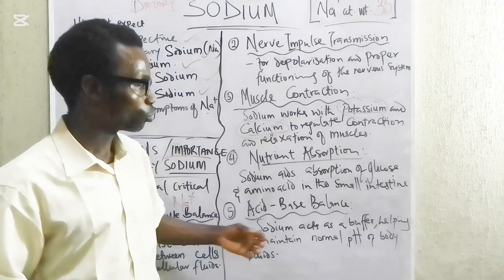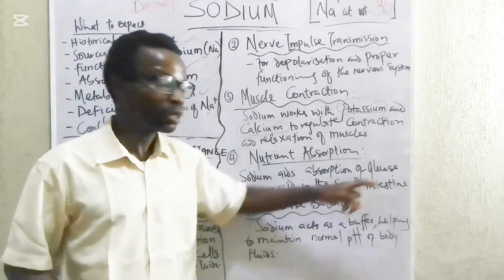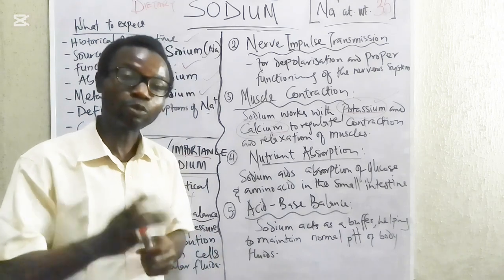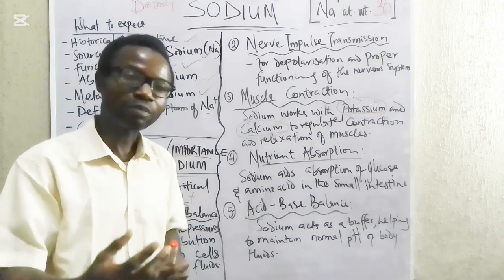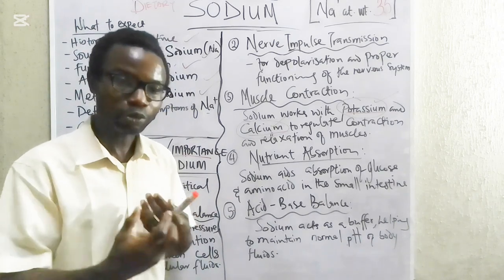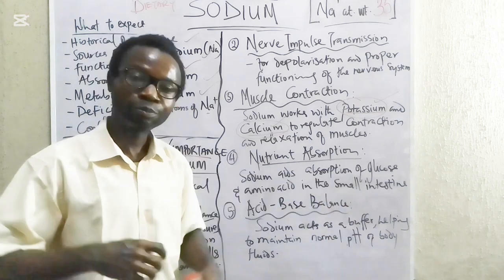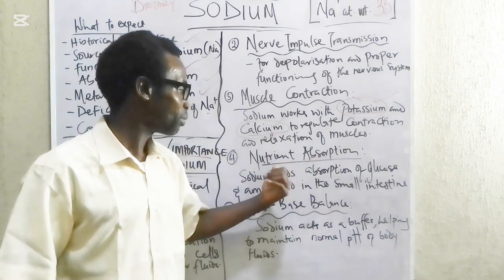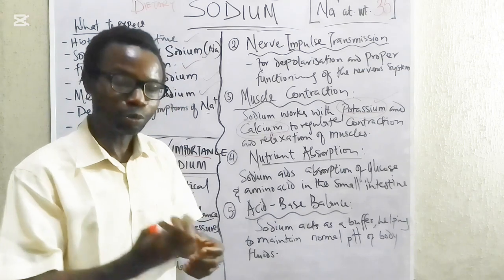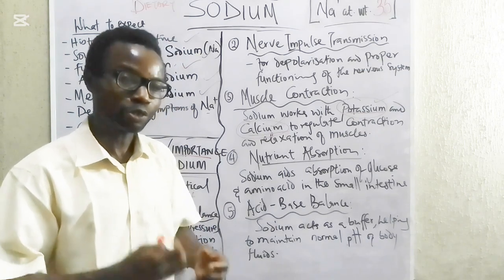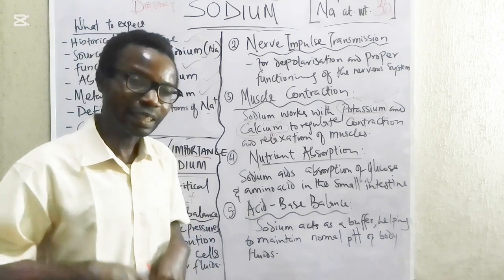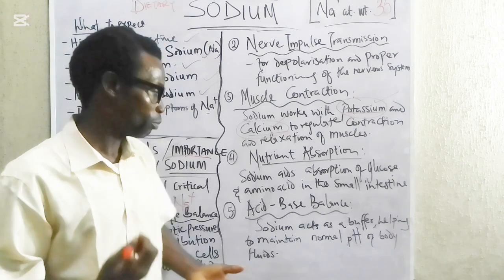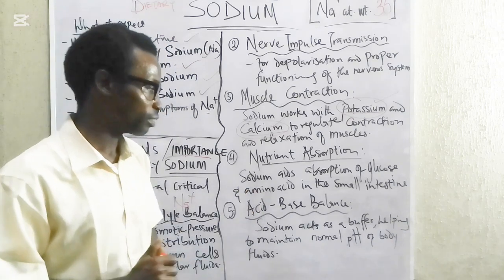Digestion of glucose starts in the mouth, however the absorption starts in the duodenum and jejunum. So the presence of sodium helps in the absorption of glucose from the small intestine into the bloodstream, and also amino acids.